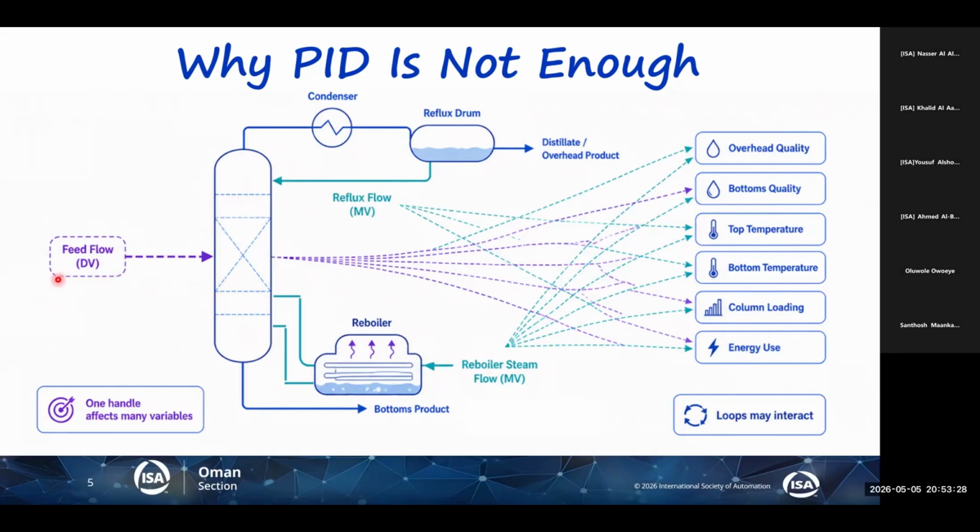And same for the feed flow. If it changes, the other loops will get affected. So if this stuff, APC, advanced process control, works well, the difference is really visible. You can see it when it's on, when it's off. This is really a small example. Here you have two controllers, right? You have the reflux, that's a flow controller, and the reboiler steam flow, that's the second controller, and they interact.